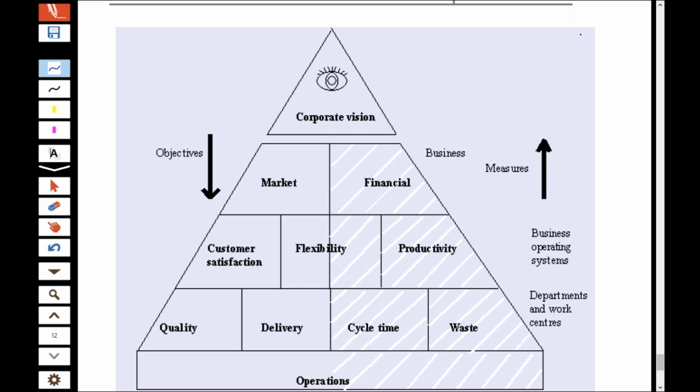What does this performance pyramid reflect? The performance pyramid actually reflects the three layers of an organization, which is the strategic level, the tactical level, and the operational level.